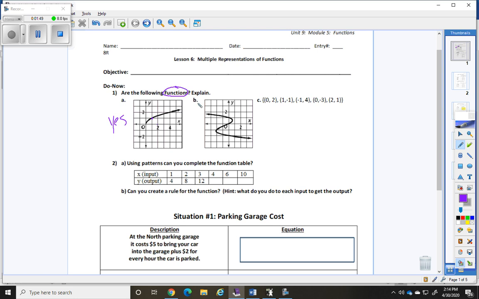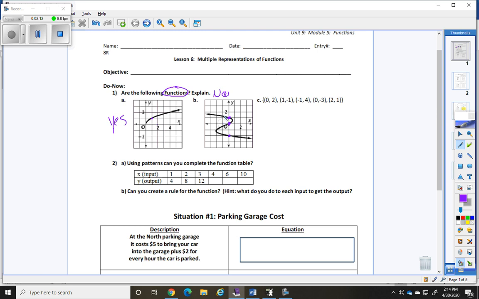But in part B, no, this is not a function. There are some inputs that have more than one output. The input of 0 has an output of 0 and an output of 1, and it has another output right here, an output of -2. So the input of 0 has 3 different outputs.